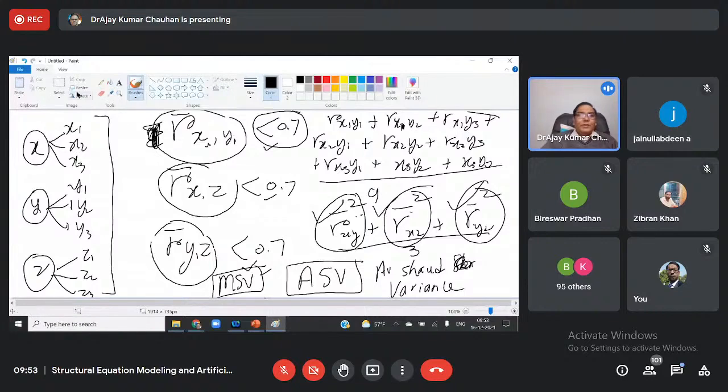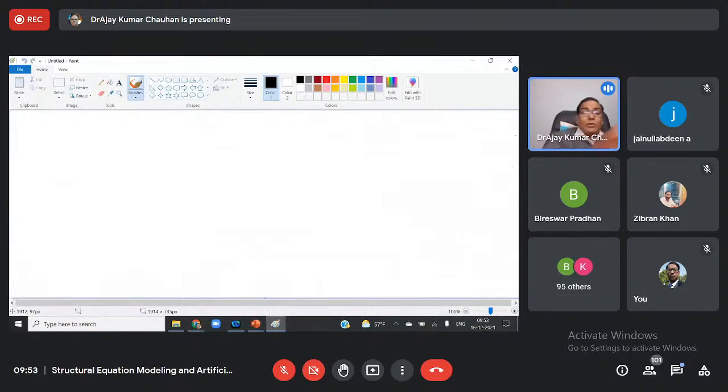So now the picture comes like this. Now we are having three values: R XY squared, R XZ squared, R YZ squared.